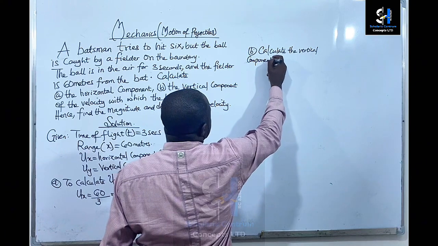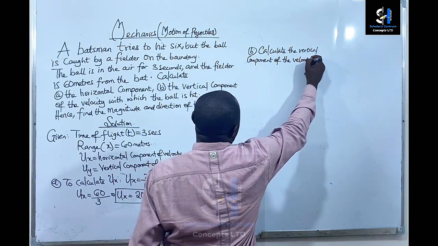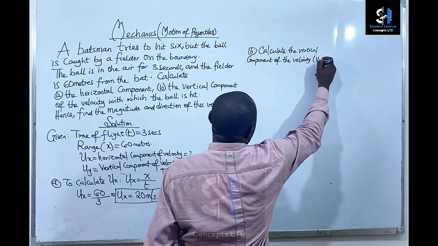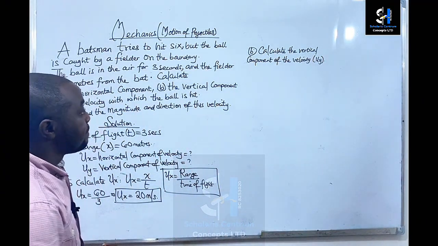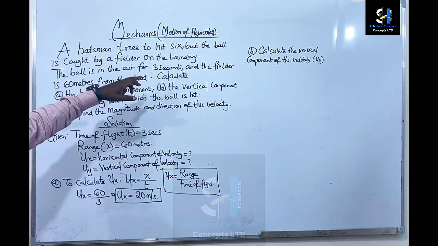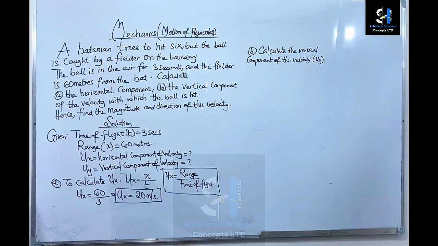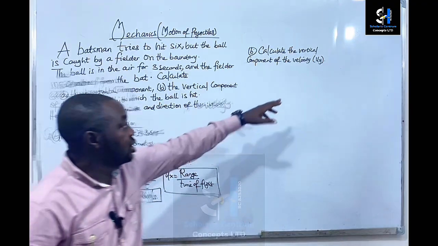The vertical component of the velocity is Uy. But because we are given that the ball is in the air for 3 seconds and the fielder is 60 meters from the bat, in this case we are going to make use of one of the equations of kinematics to calculate Uy.